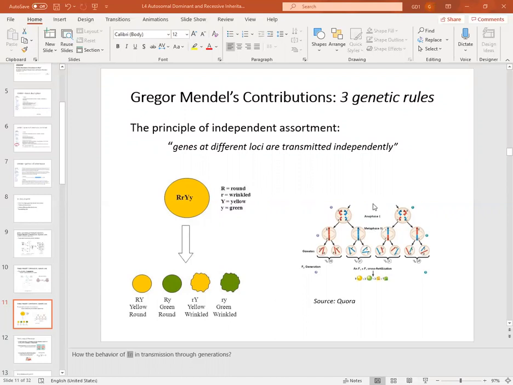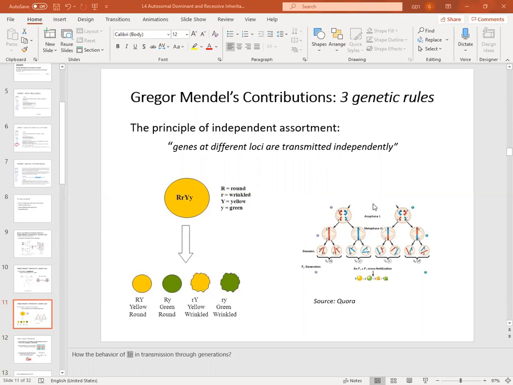Okay. In our cells we have two sets of chromosomes, right? One set from mom and one set from dad. For example, in my germ cells, germline stem cells, I have two sets.